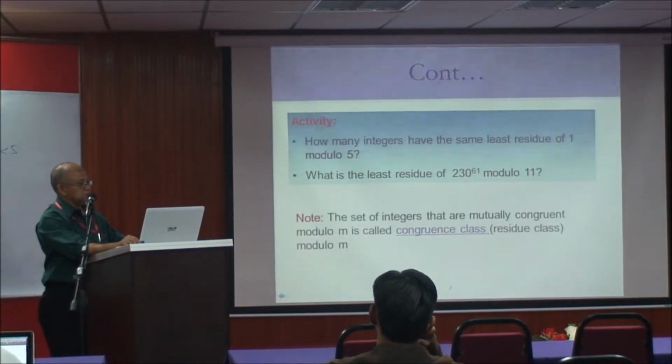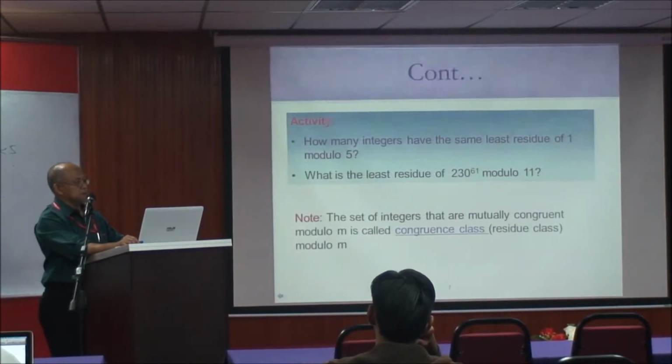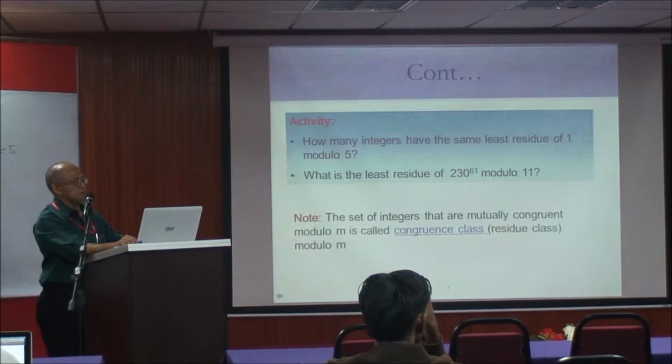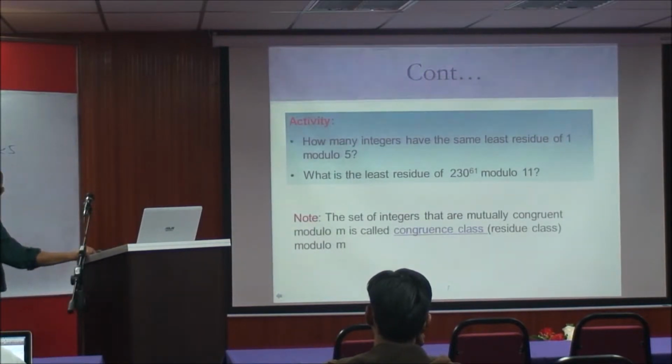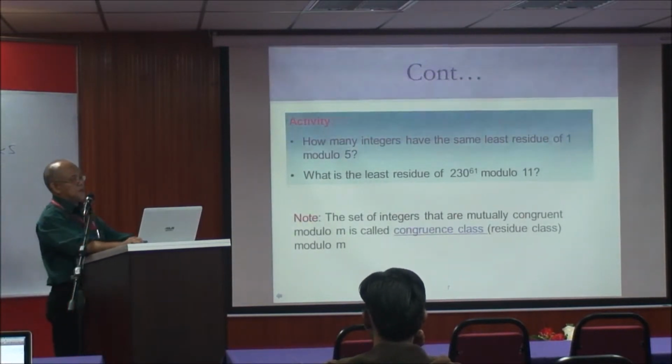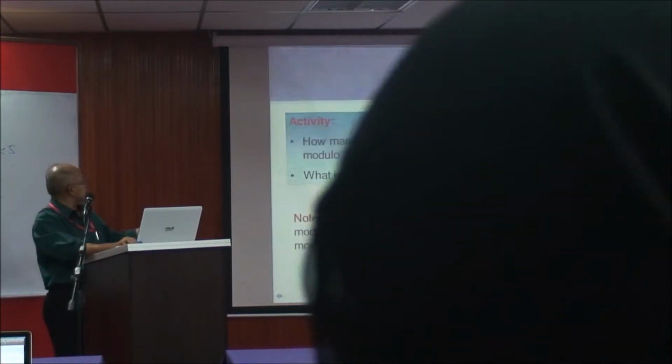Okay. So a set of integers that are mutually congruent modulo m is called a congruence class or residue class modulo m. When we look at the possible residues for the division of any integer, let's say for the example that we have seen previously, which is equal to 1, we have the first one.